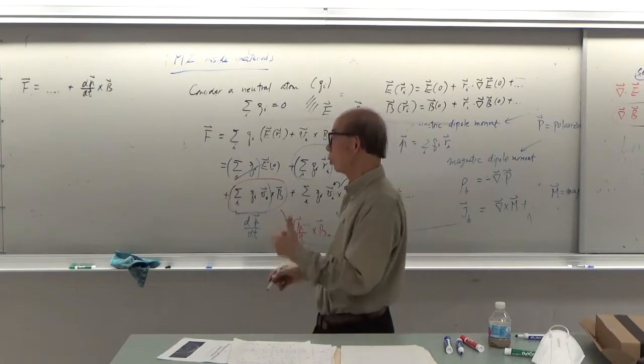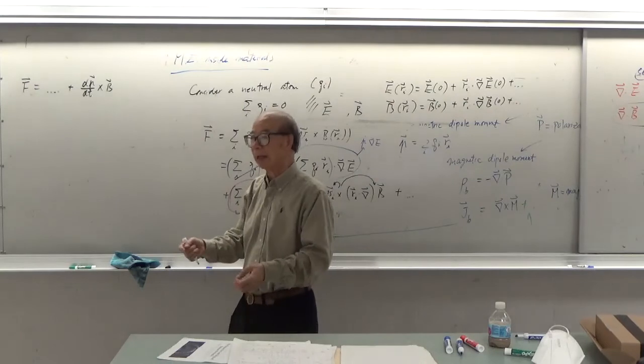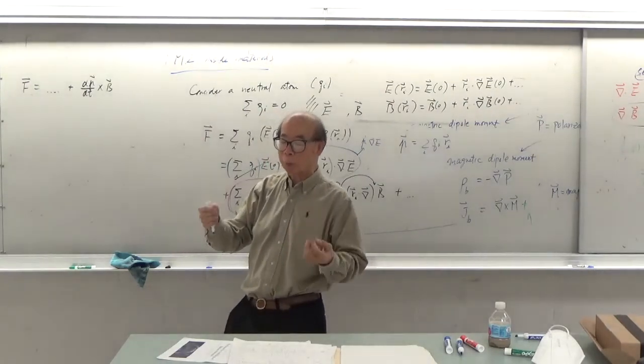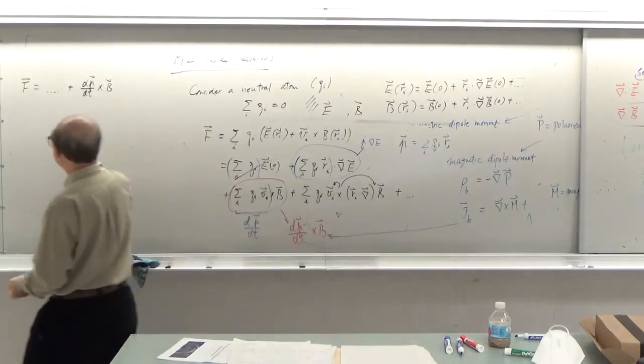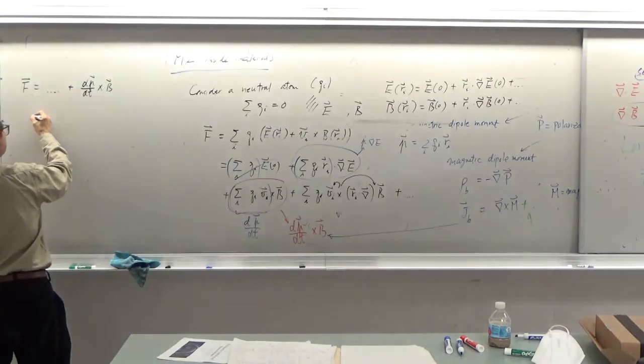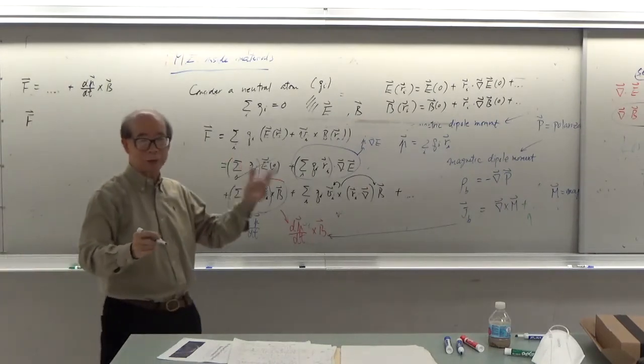Of course, macroscopic materials are made up of a bunch of atoms. So to find the force acting on a piece of macroscopic material, all you have to do is sum over all the forces. Sum over forces. And then also, let's go on to the continuum limit.